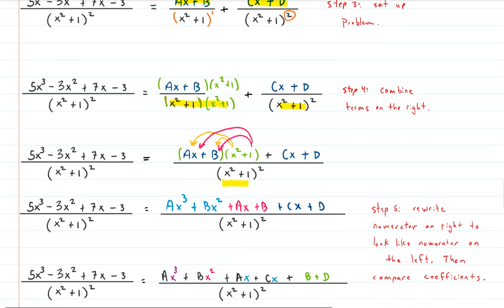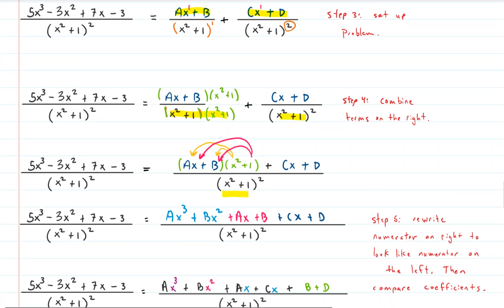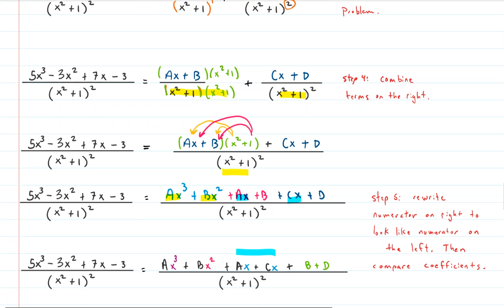All right, so we need to now organize things. Let's get everything together that has an x cubed. Luckily we just have one term. How about x squared terms? We only have one term, bx squared. How about terms with an x? We have ax and we have cx, so let's put those together.